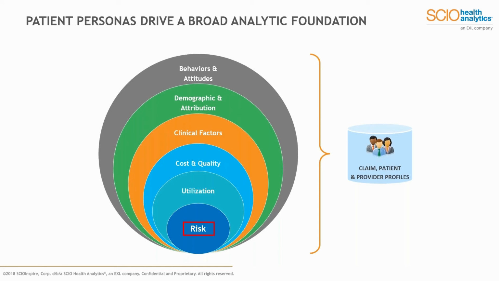So we're talking about numbers of patients scattered across the U.S., down to the zip code, that have common attributes of demographics, behaviors and attitudes, and clinical factors. What is the risk of those patients becoming healthier or sicker over time? That's defined as what they look like in the next 12 months. So it is a predictive model, naturally based on a concurrent model of understanding where they are today, but then projecting out where they are headed.